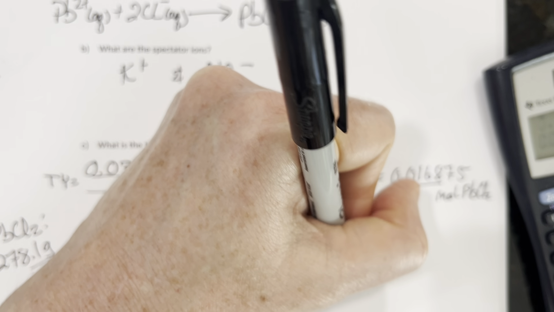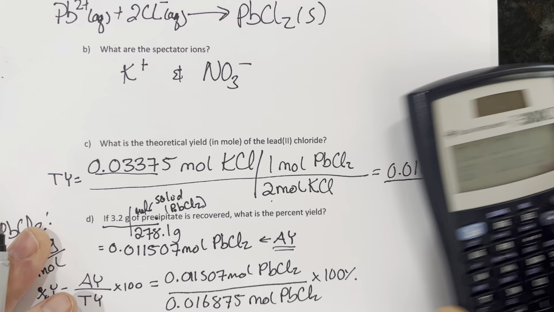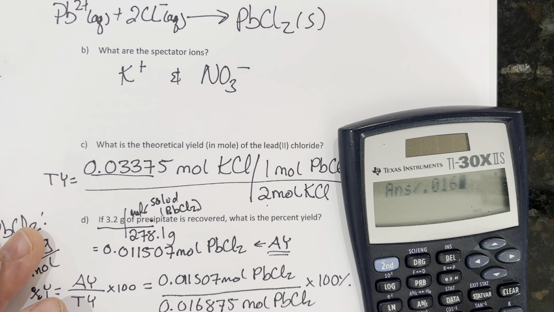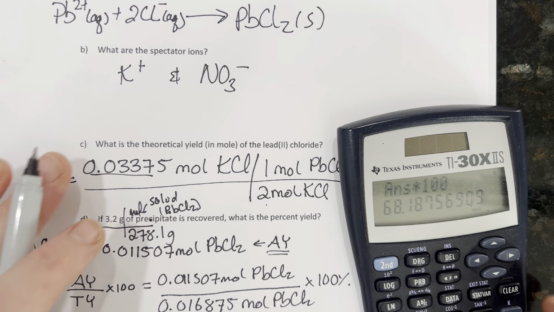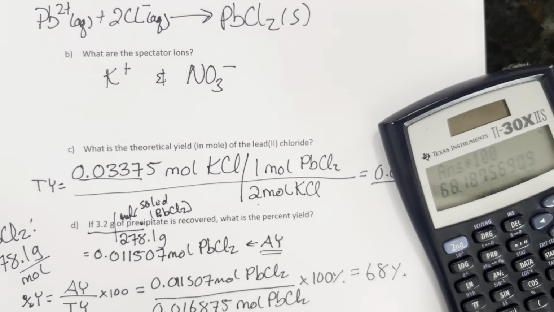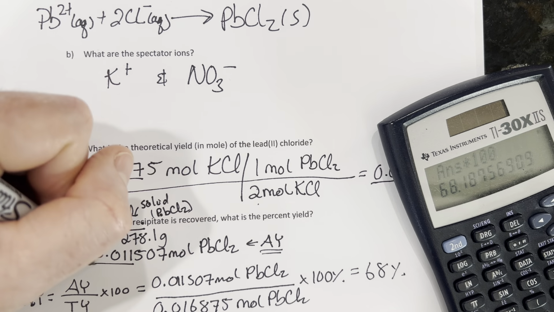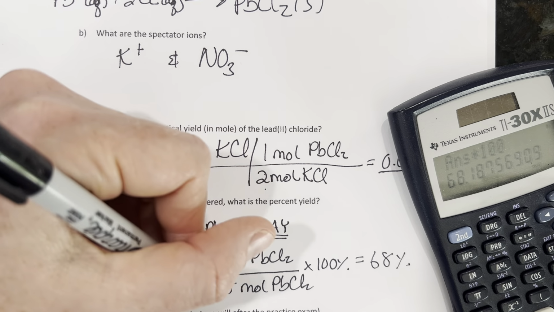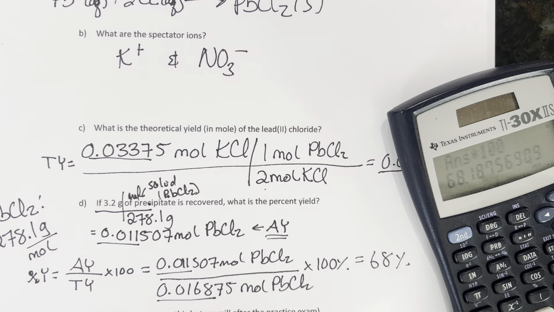And then times 100%. And when I multiply it by 100, I get an answer of 68%. That one would have had 2 sig figs because it was 3.2 grams. The other one had 3, if you remember. And so 68% would be our final answer.